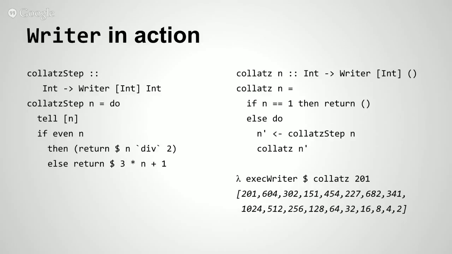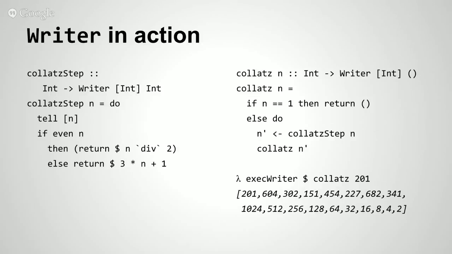A single Collatz step writes to a log, which is a list of integers, a single element list of that integer. It says, I'm going to tell the single element list n, which means I'm going to put it into the log. And then it does the main work. If n is even, it's going to return n div 2. And if n is odd, it's going to return 3n plus 1.